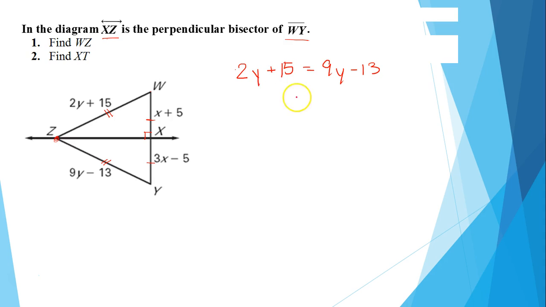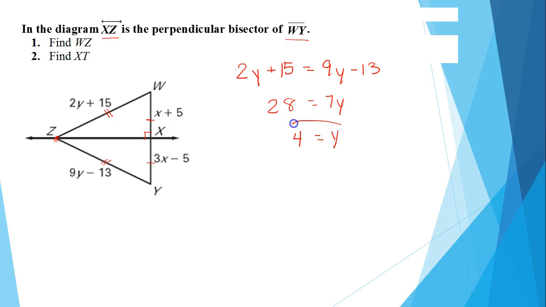We need to solve this. I'm going to subtract 2y from both sides and get 7y. Then I'm going to add 13 to both sides, and I get 28. So y, if we divide both sides by 7, we get 4.